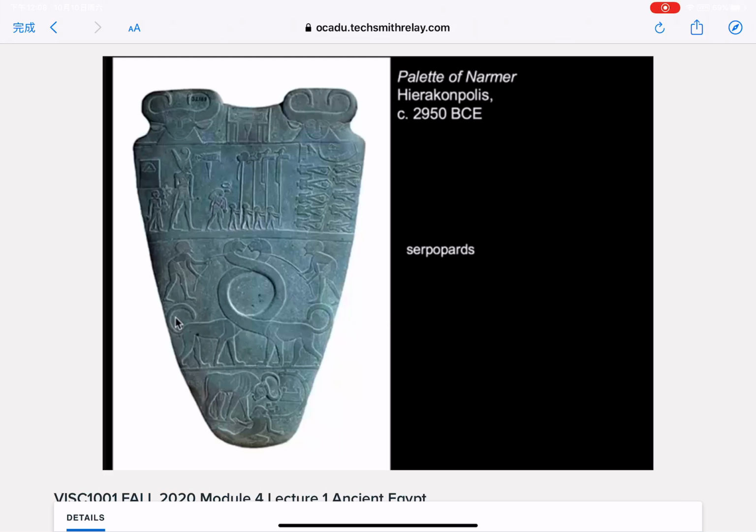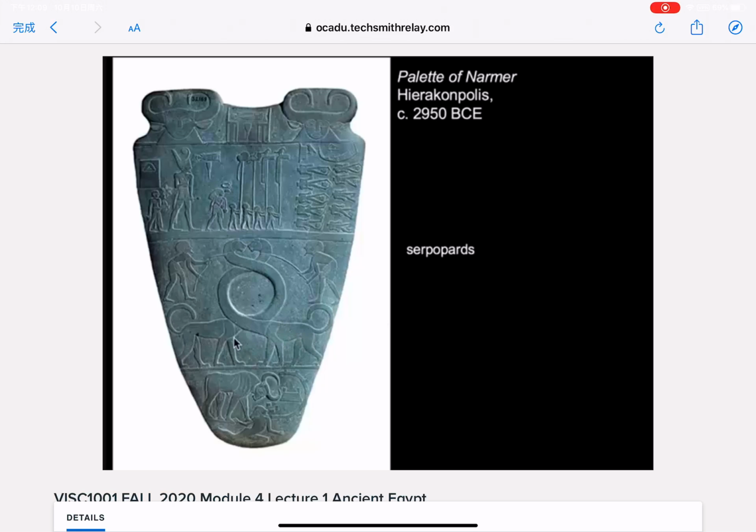I'm sure it's intended to be like a very, very strong chain. And the animals are actually a mythical animal known in ancient Egypt as serpopards. And this mythical creature has the body of a leopard with the elongated neck of a serpent. And they look sort of lion-like at the very top.